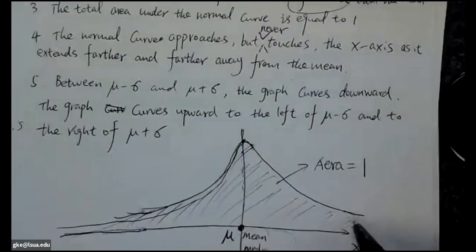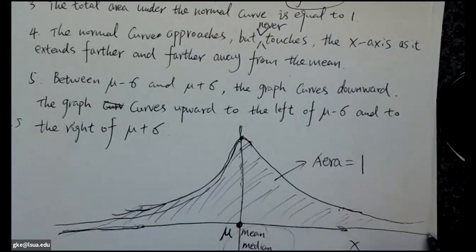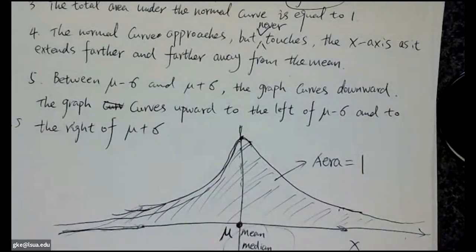The same thing for this part: the curve always goes down, but never touches this x-axis. It's always infinitely close to the x-axis, but never touches, okay?